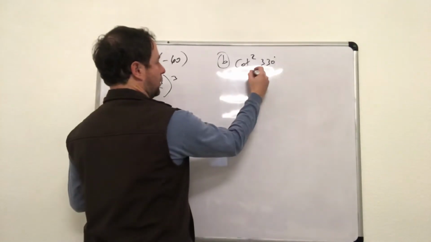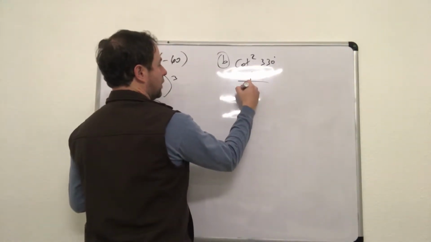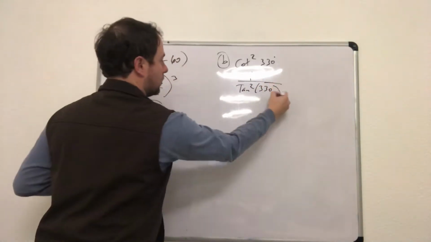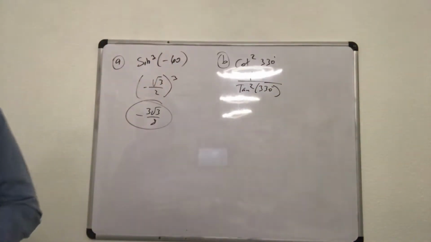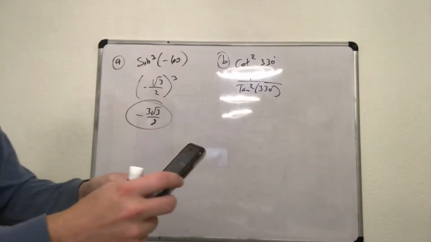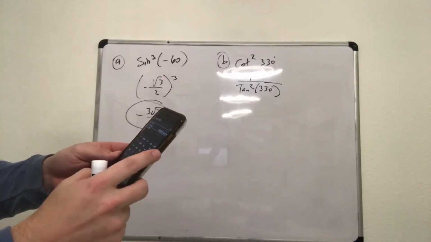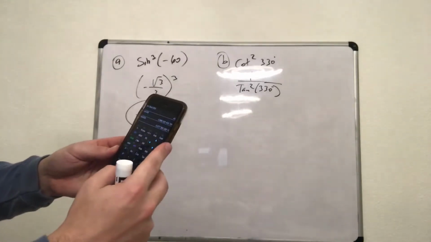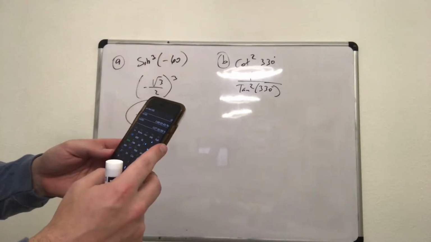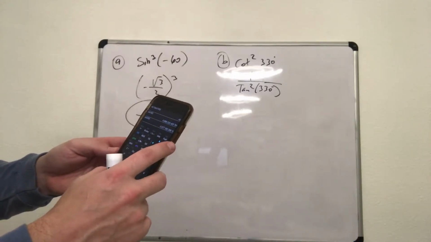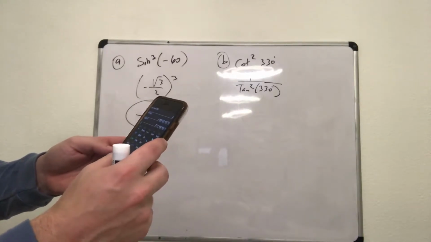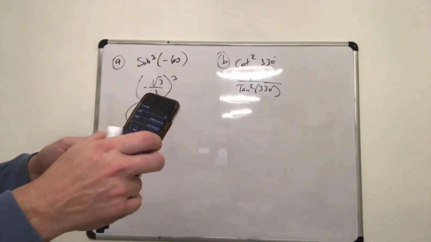Cotangent squared 330 becomes 1 over tangent squared 330 degrees. And then you put in your calculator tan 330, and you get negative 0.577, which is 1 over root 3, I believe.